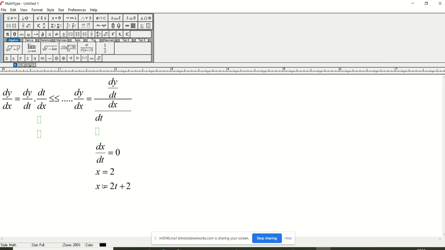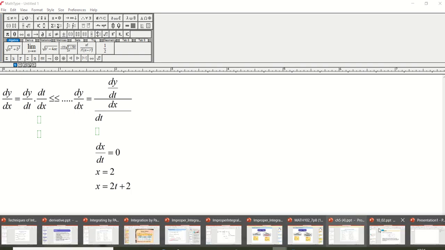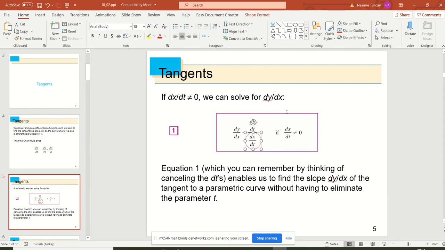The derivative becoming 0 means x is a constant. So in this equation, x cannot be a constant. It cannot be 2, 3, 4, 500, because the derivative of those numbers is 0.